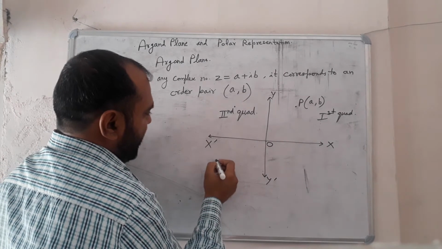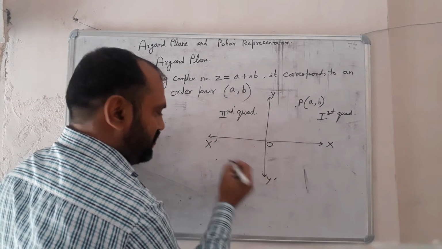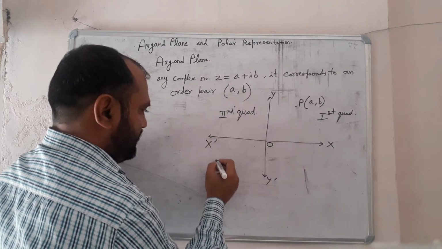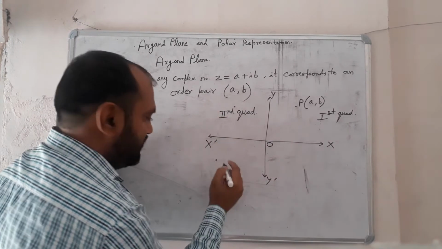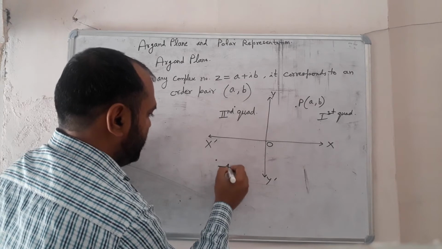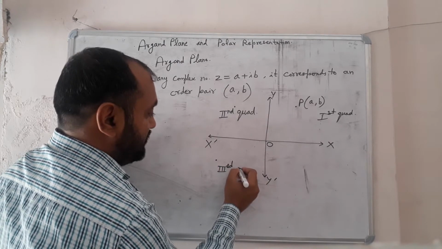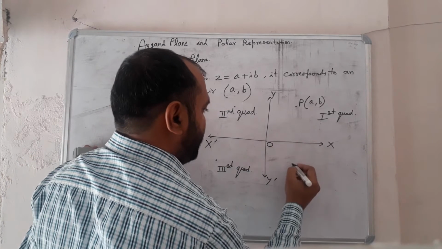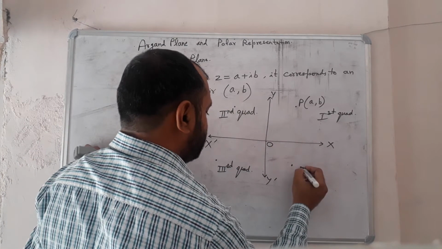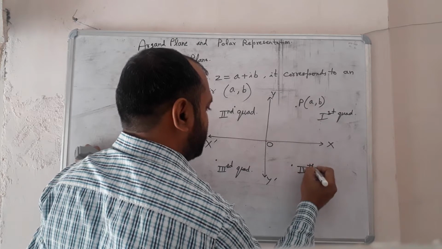If a is negative and b is also negative, then this complex number lies in third quadrant. If x positive, y negative, then it lies in fourth quadrant.